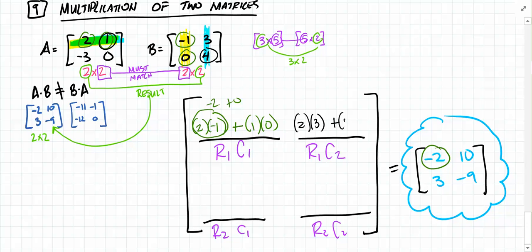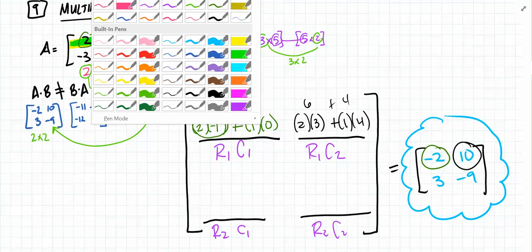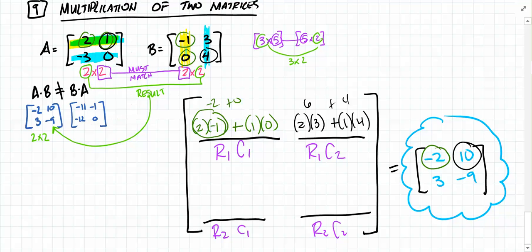Okay. Let's do row 2, column 1. So I'm going to go row 2, and I'm going to go column 1. Well, that's going to be this. Negative 3 times negative 1 plus 0 times 0, that's just going to be 0.